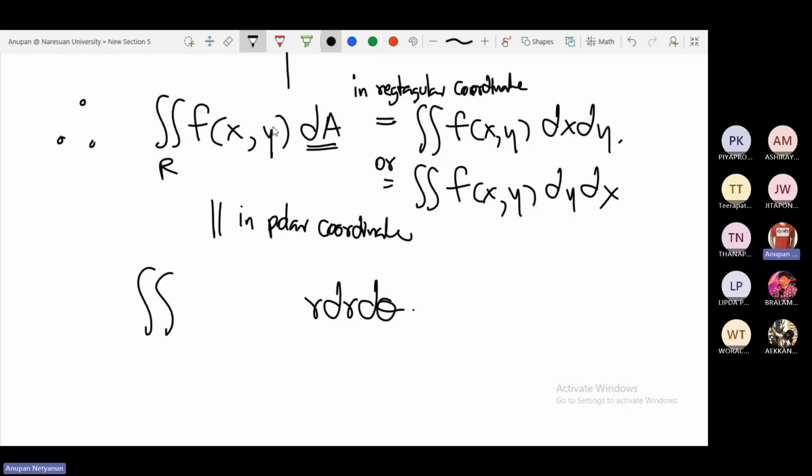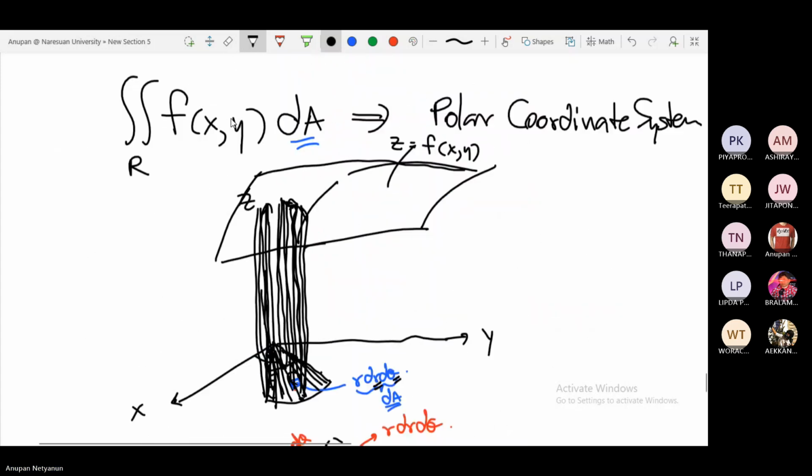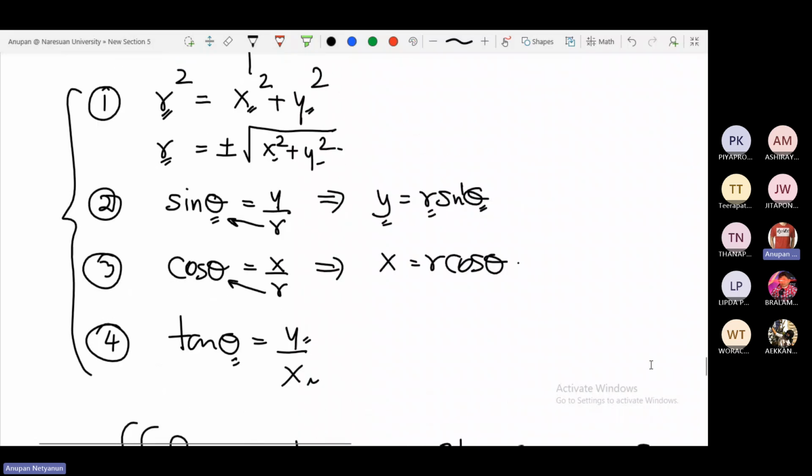And you can see that now your variables are in the form of r and theta. What you can do is you have x in terms of polar coordinates. It is r cosine theta, right?